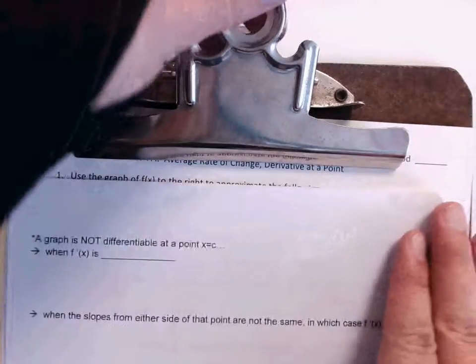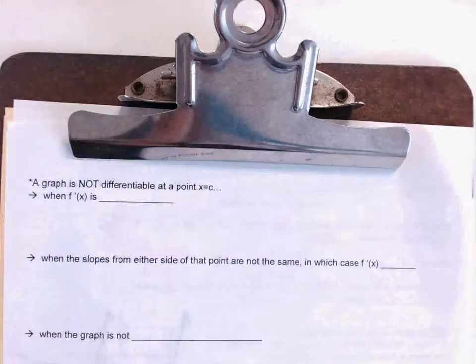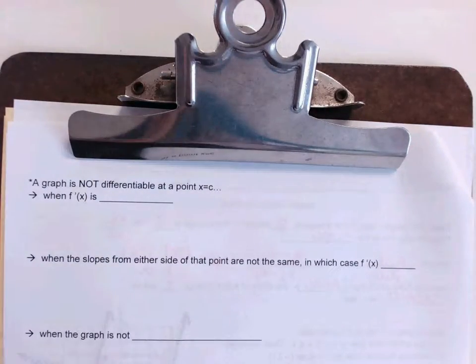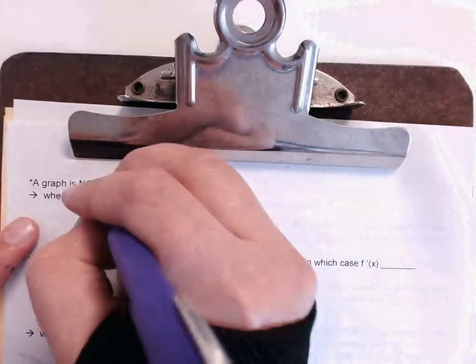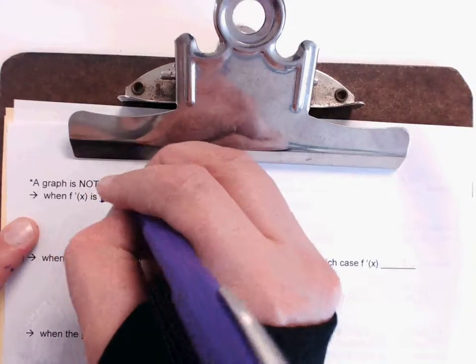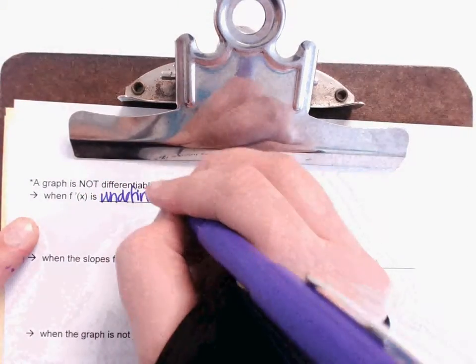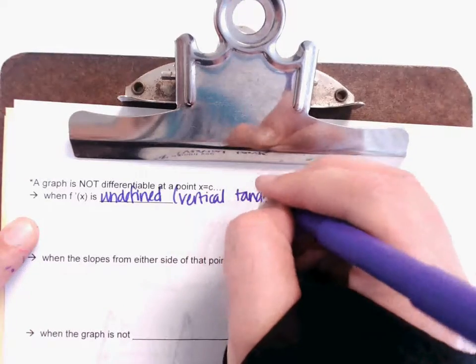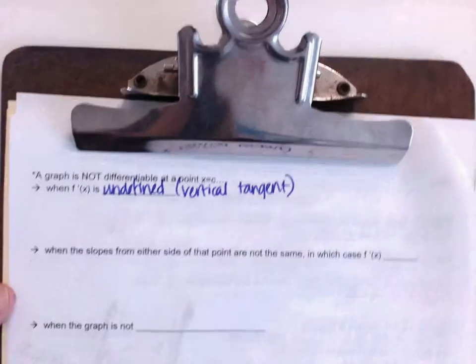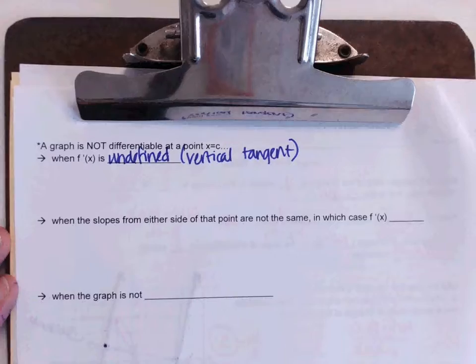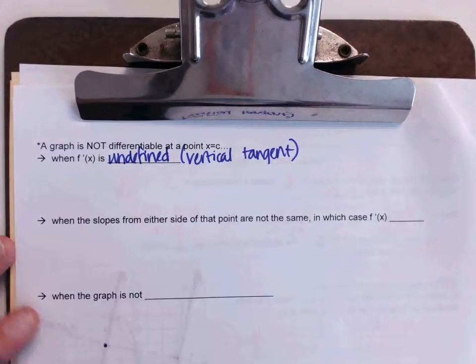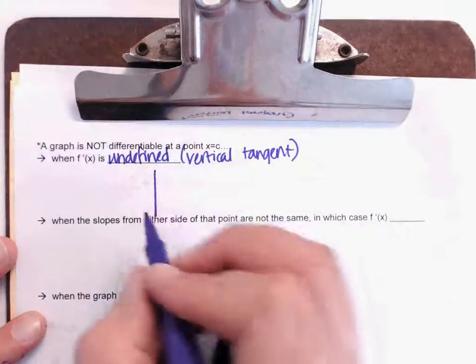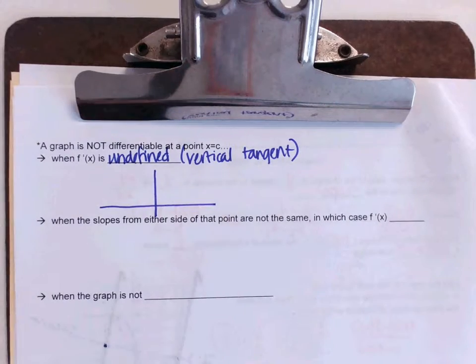So a graph will not be differentiable at c if one of 3 things happens. The first one is if f prime is undefined, which means that you have a vertical tangent. I'm going to give you 2 examples of that. The first one, do you know what the cubic root graph looks like?